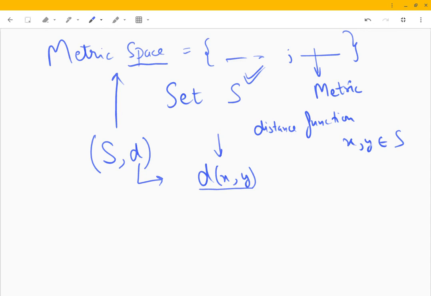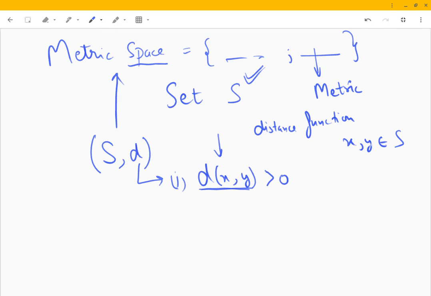So the first property for this metric is that for any x, y belonging to S, d(x,y) should be greater than or equal to 0.